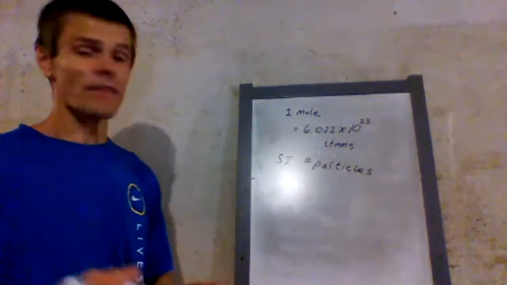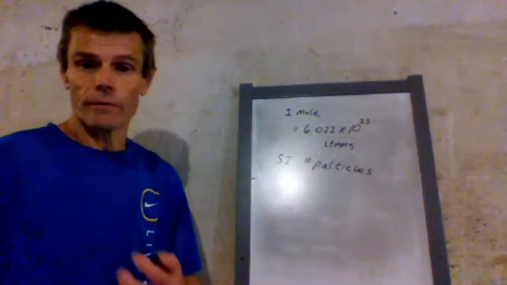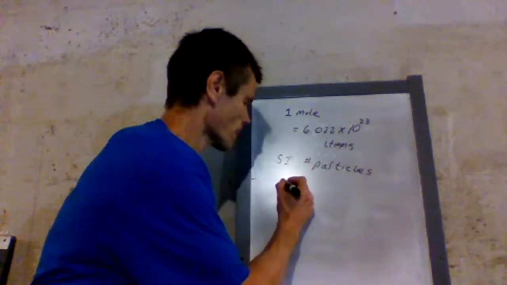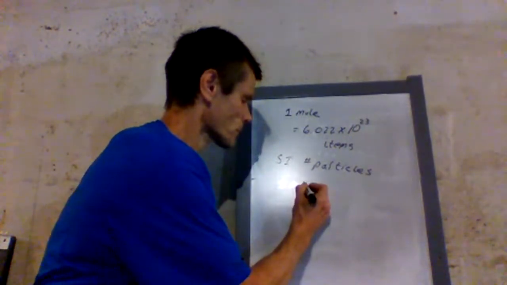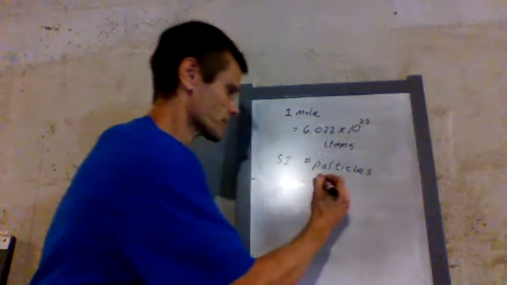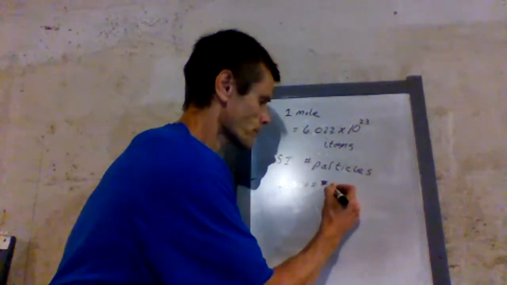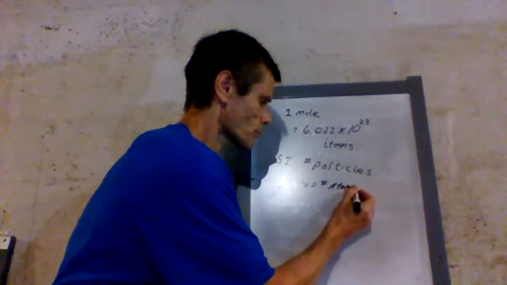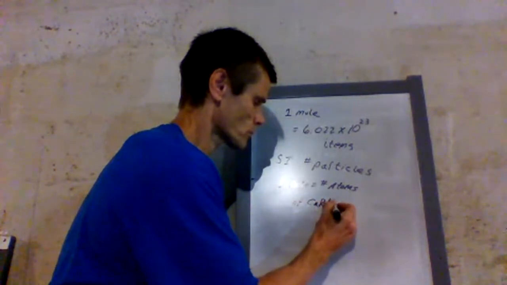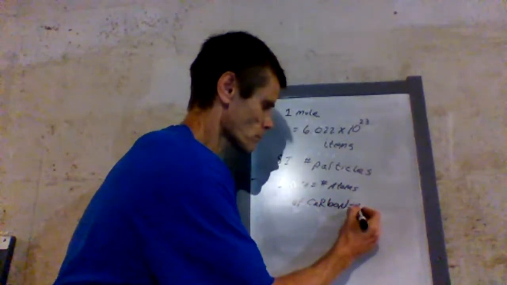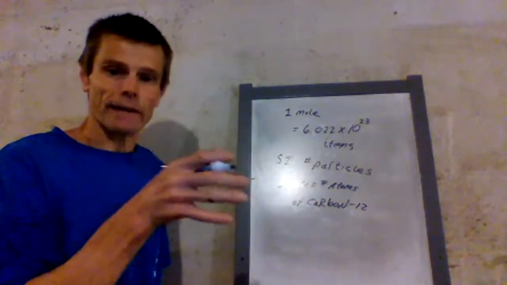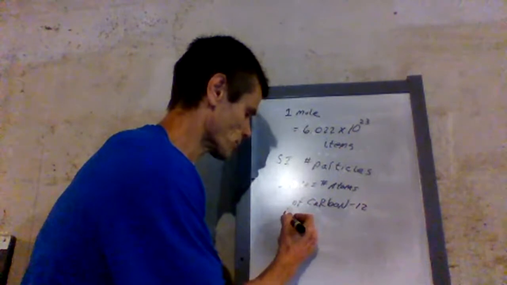And we define the mole in terms of an experimentally determined property. One mole, it's been determined experimentally, is the number of atoms of carbon-12 isotopes in exactly 12 grams of that particular sample.